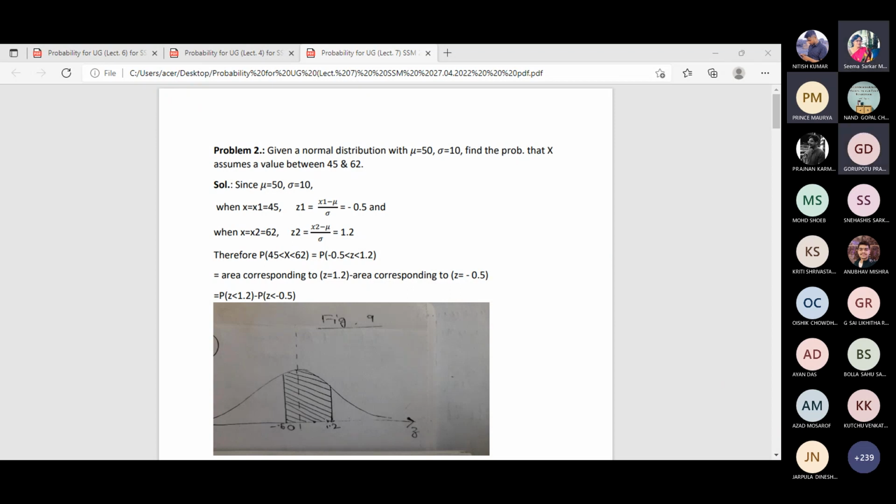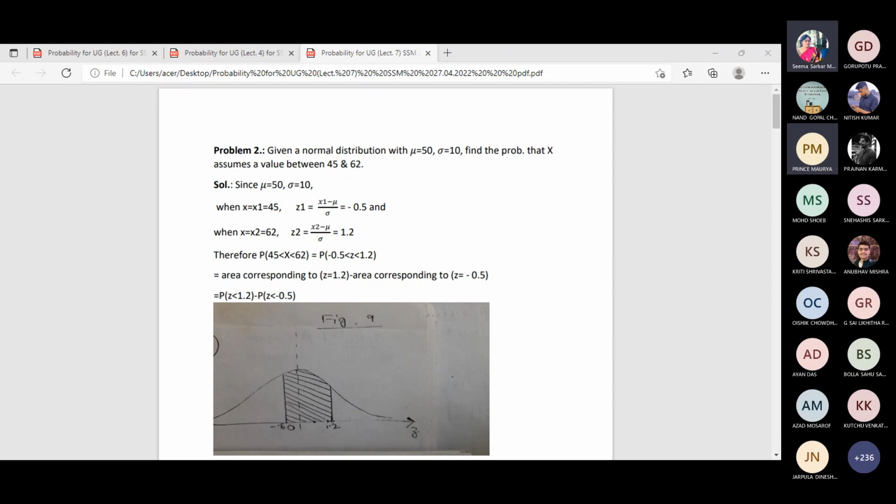Yes, ma'am. Minus 1.7, that is 0.446. Minus 0.12, ma'am. We get 0.4522, ma'am. You are telling different values. Why? Ma'am, he was telling for 0.045, ma'am.